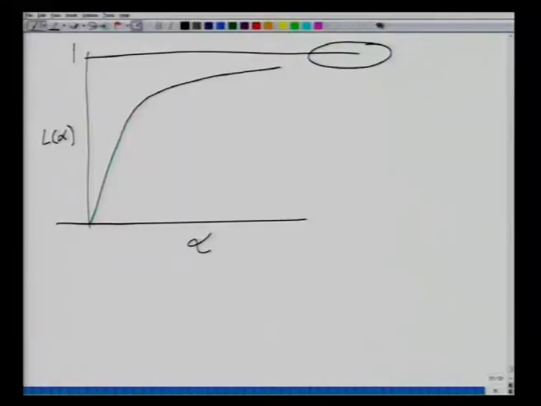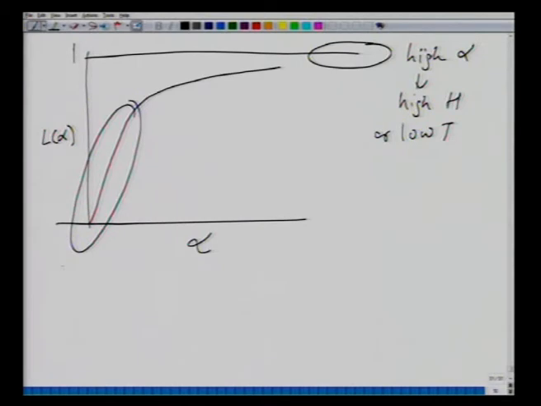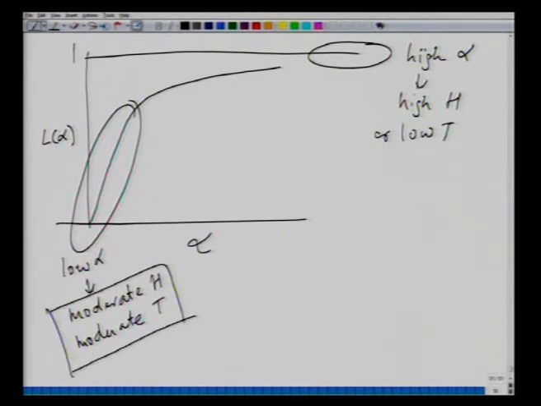So this side would be high alpha, meaning high H or low T, and on the lower side we have low alpha, which would mean moderate H, moderate T, and this is the more realistic picture.